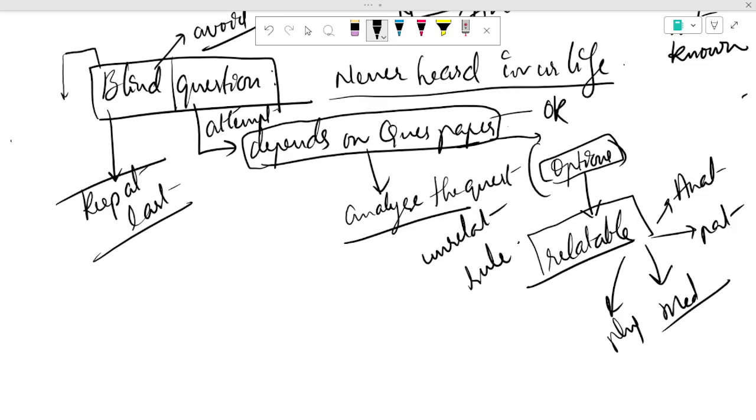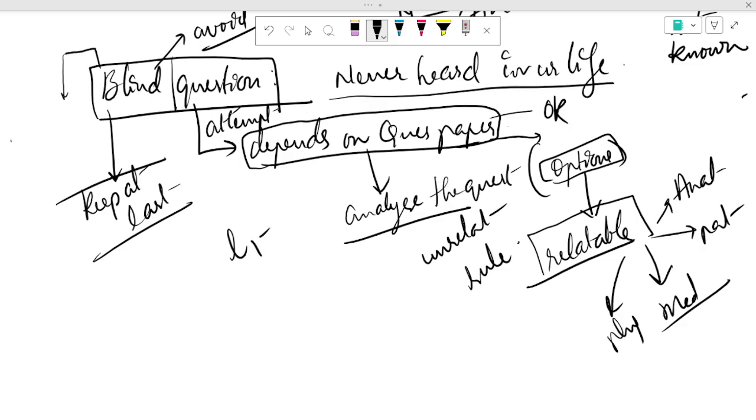For example, I will tell you one thing. The sympathetic chain is coming out from, for example, lumbar L1, right?